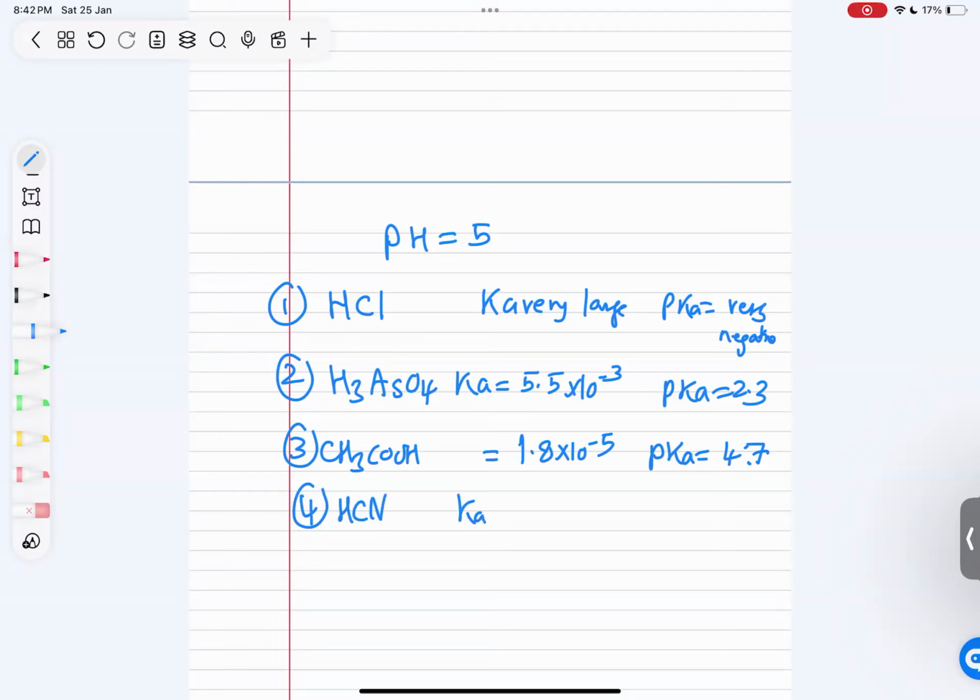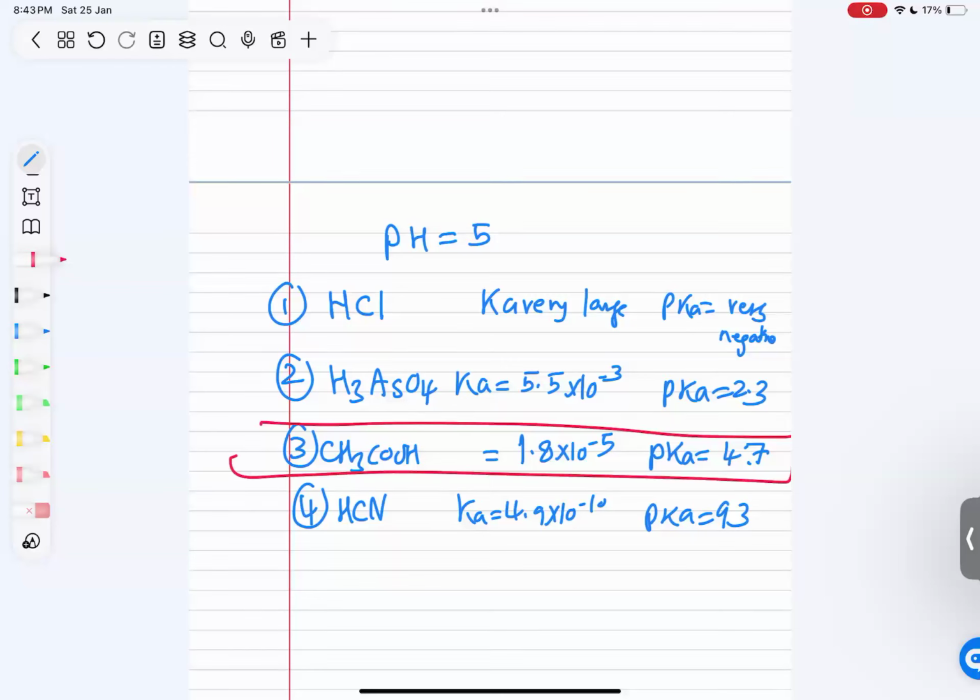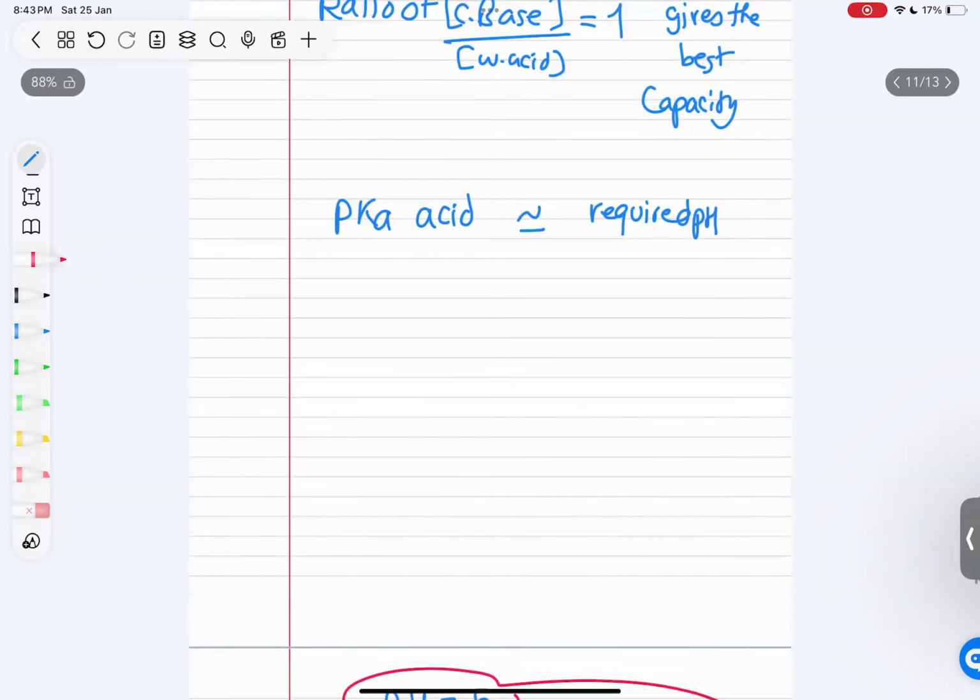The Ka is equal to 4.9 multiplied by 10 to the negative 10, so pKa is equal to 9.3. So the best one to choose is the third one, because it has the pKa closest to the pH value. So I would always choose an acid with a pKa very close to the pH that I need to prepare.